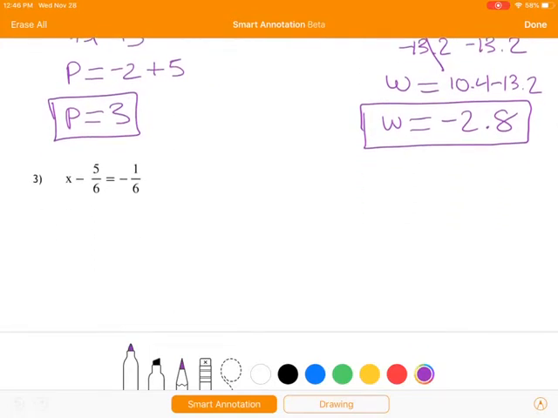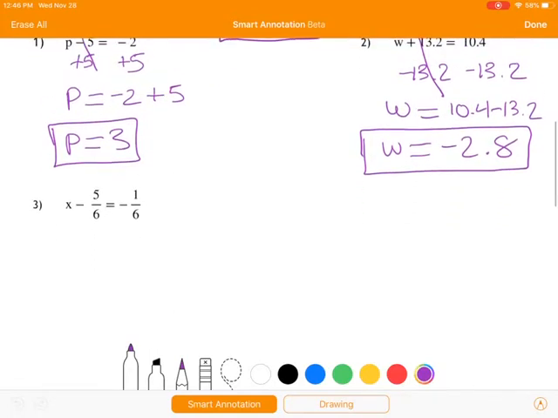All right, and our last one that you guys were supposed to do on your own, x minus 5/6 equals -1/6. So this operation is subtraction, so we're going to want to do the opposite of that, which is addition. So we're going to add 5/6 to both sides.